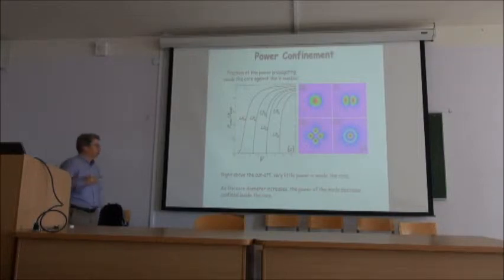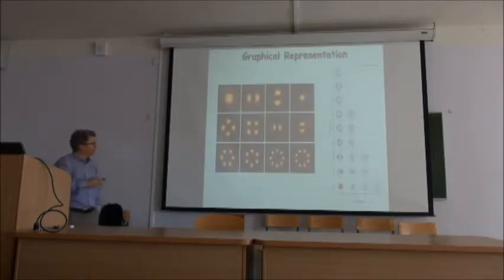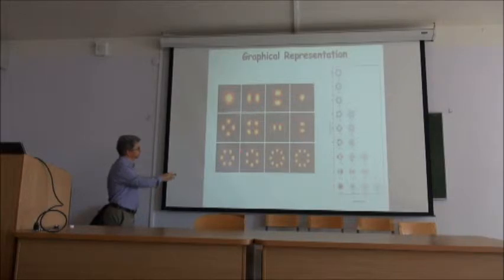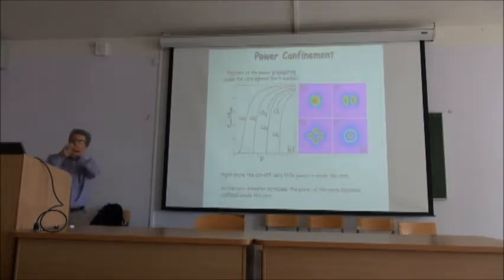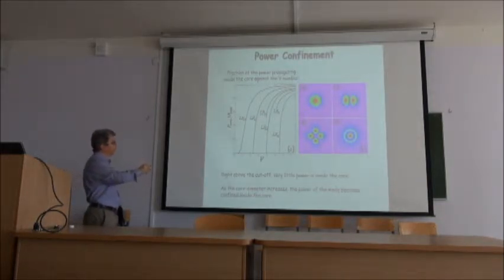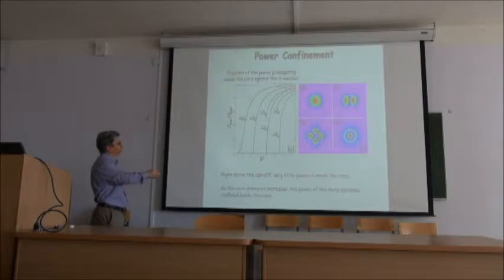One thing to realize about the previous picture is that this is the dimension of the core. When we start increasing the diameter of the fiber, initially, right above the cutoff, the power inside the core compared to the total power is zero.